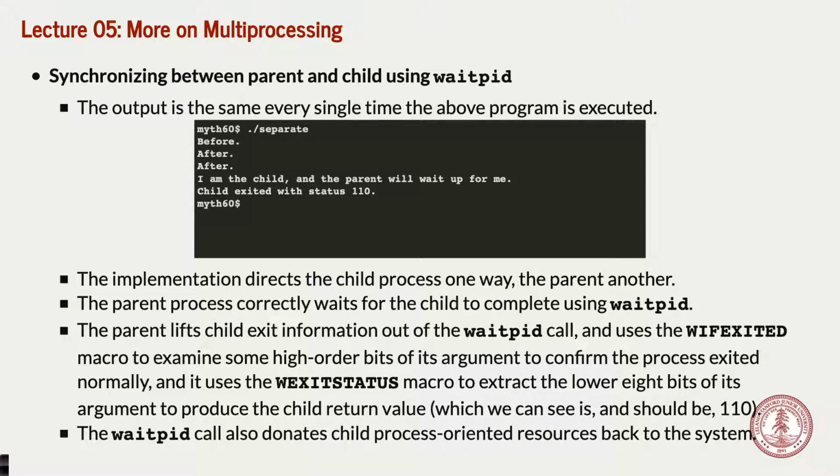The waitpid call donates the child process oriented resources back to the system. In other words, the child process is taking up some resources, and until the parent waits for it, the child process actually still uses some of those resources, even though it's gone. There's some things that need to be cleaned up. So you really should have the parent waiting for all its children regardless.